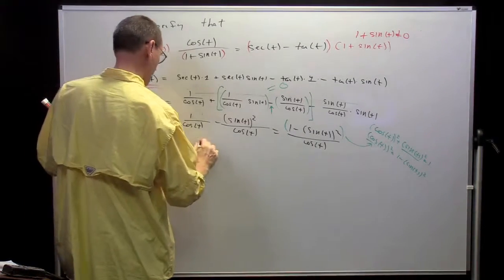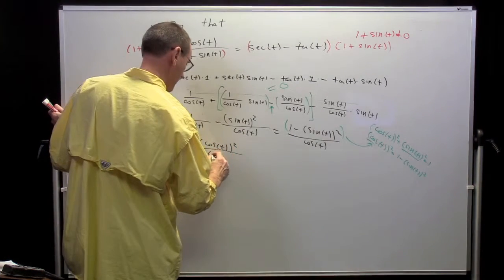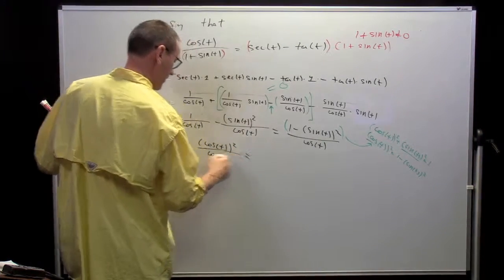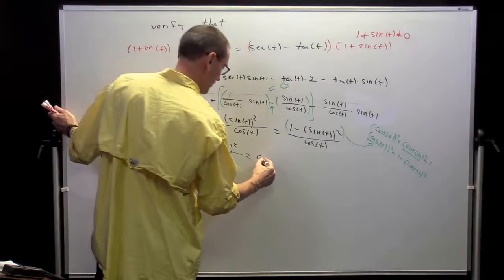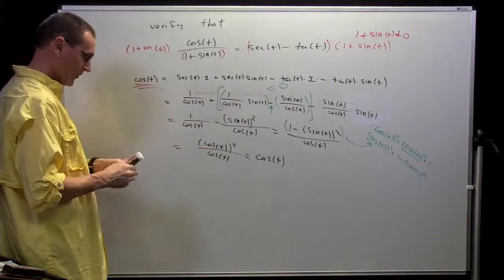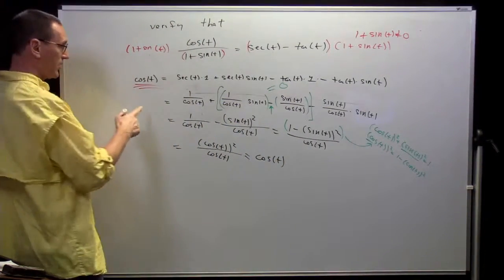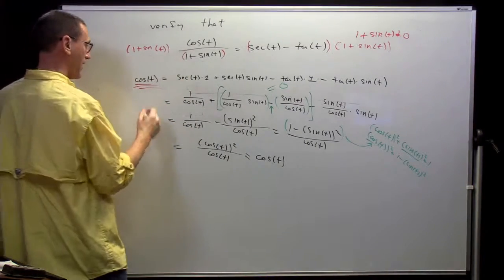So let's see, this becomes cosine of t squared divided by cosine of t. So cosine squared divided by cosine just gives me 1 cosine. So I get that. So what does it happen here? So on the left-hand side, notice, as I went from here to here to here, I did not change anything on the left-hand side.